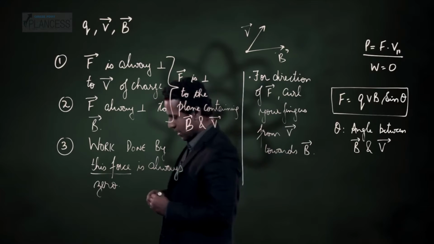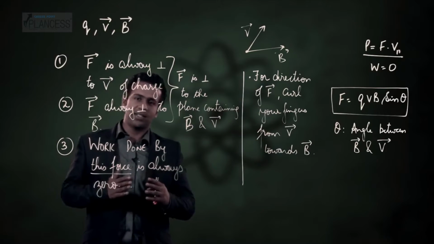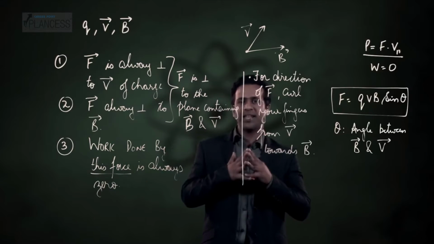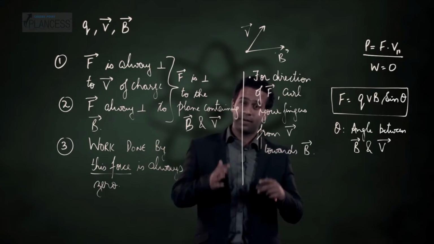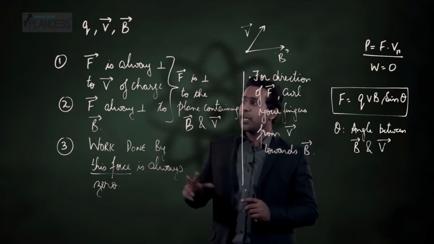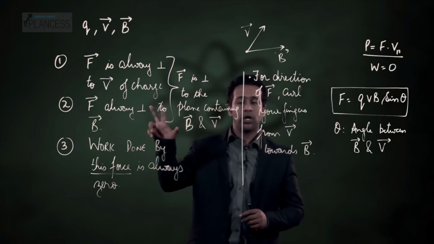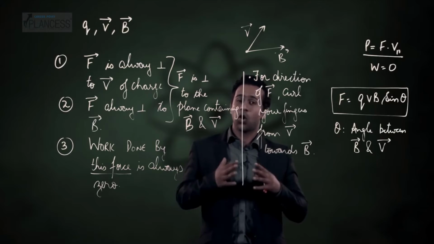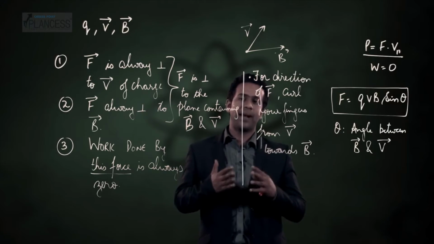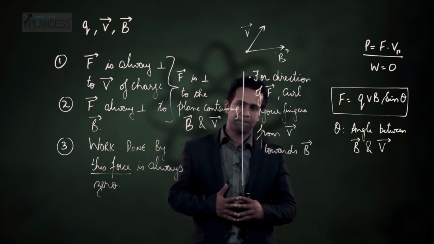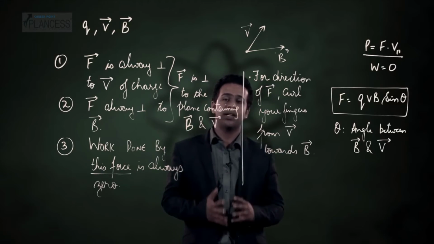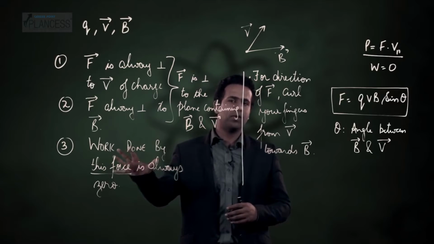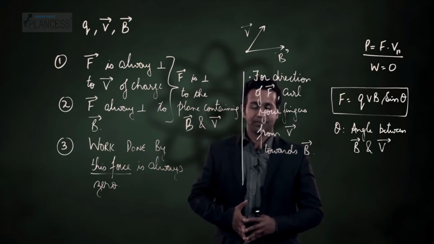So, a moving charge in presence of a magnetic field experiences a force. We learned that this force is always perpendicular to the direction of velocity. This force is also always perpendicular to the magnetic field. Then we learned because of these properties, this force can never do any work on the charge.